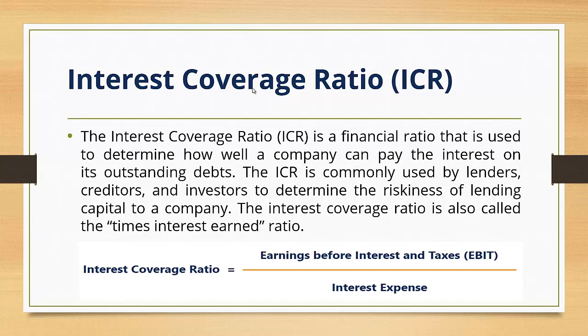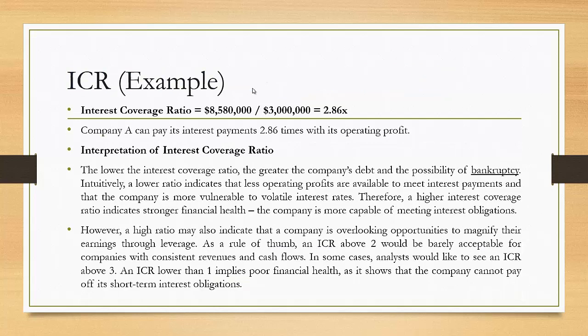So the formula to calculate interest coverage ratio is earnings before interest and taxes divided by interest expenses. It will give us the measure of how many times our EBIT, or earnings before interest and tax, covers our interest expense.